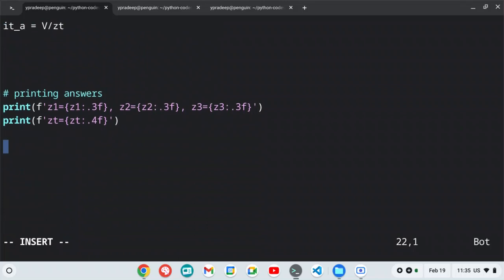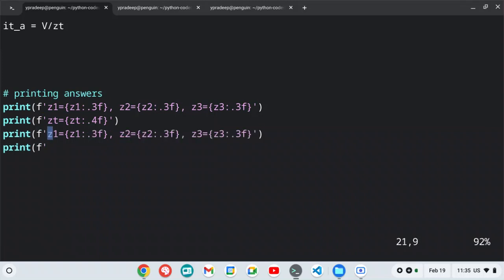Let's print now. I come to the printing section. So print formatted strings. I think I will copy this line. So here I1, I2, I3.